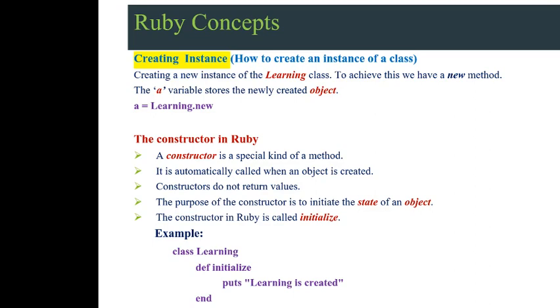So that's where we are. Here we just saw how to create an instance of the class. We also talked about the constructor method, initialize, and it is automatically called when you do class.new, whatever the class that you have. It will automatically be called.